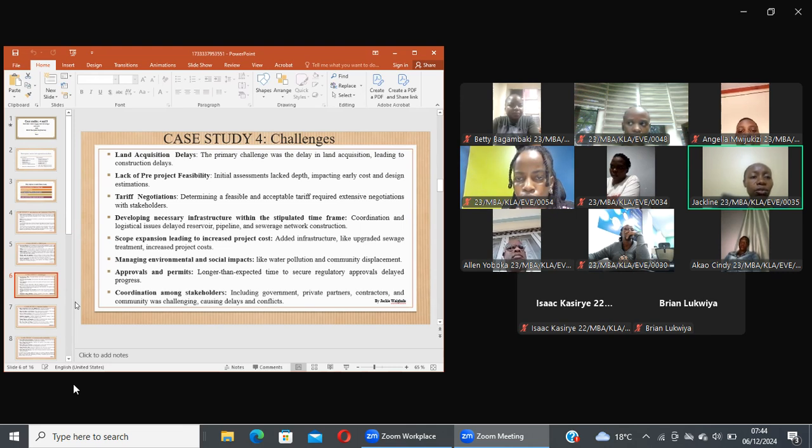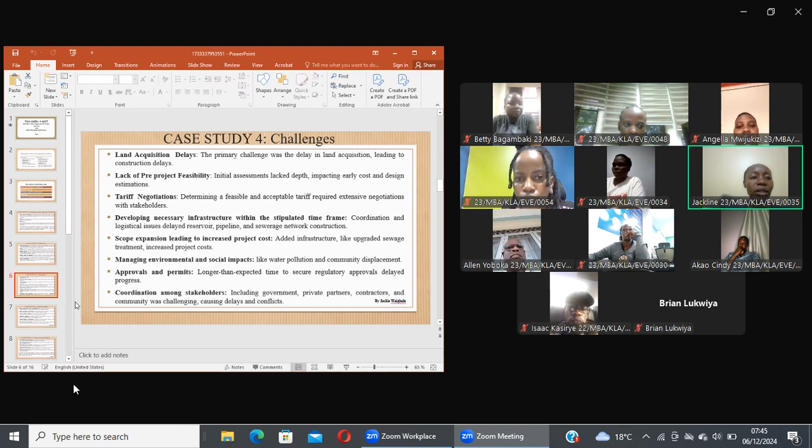Then there was also lack of pre-project feasibility. Initial assessment lacked depth, impacting early cost and design estimates. There was also a challenge with tariff negotiations. Determining a feasible and acceptable tariff required extensive negotiations with stakeholders.